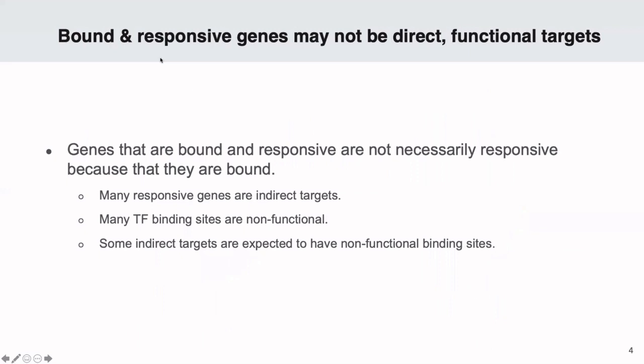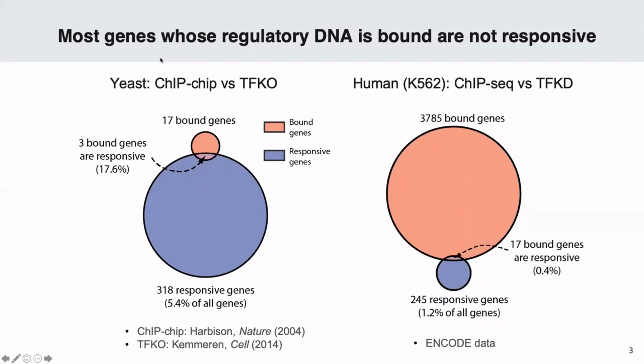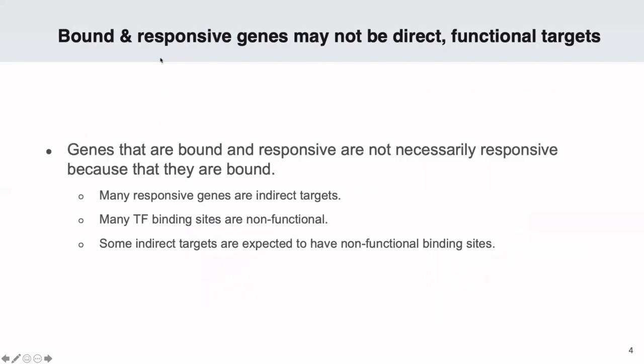So here's our reasoning. Even though we observed that these intersections are already very small, we still think there might be indirect targets, the targets that are not direct and functional, in this intersection. Genes that are bound and responsive are not necessarily responsive because they're bound.